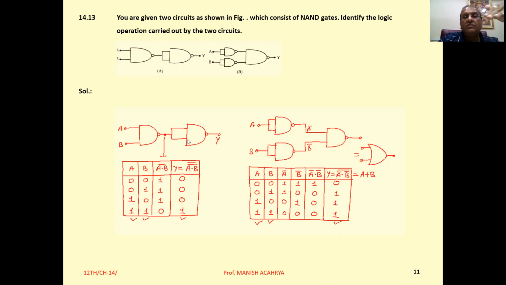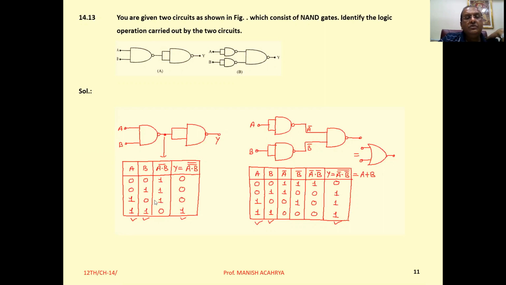Now it is followed by short circuited NAND, it behaves as NOT. So this output of the NAND is the input of NOT. So 1, output will be 0; 1, output 0; 1, output 0; 0, output 1. Clear?